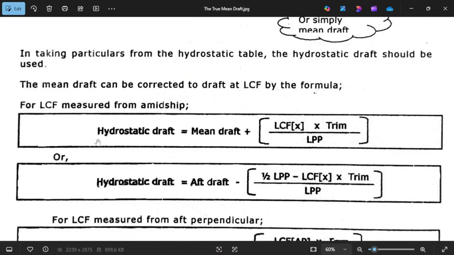So there are two kinds. Hydrostatic drop equals mean drop plus LCF times trim over LPP. And the other one is hydrostatic drop equals aft drop minus (1/2 LPP minus LCF) times trim over LPP.